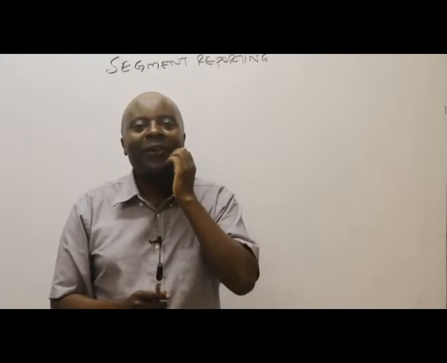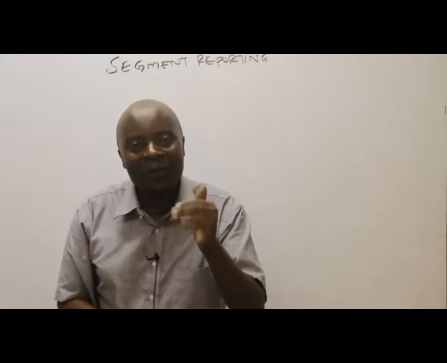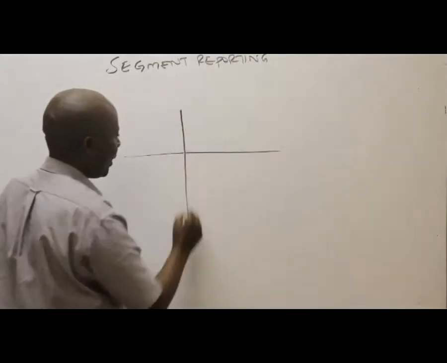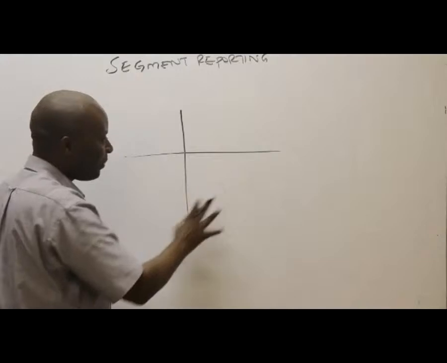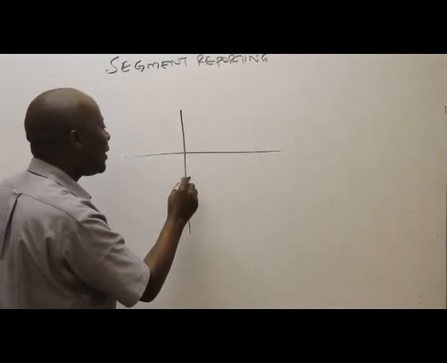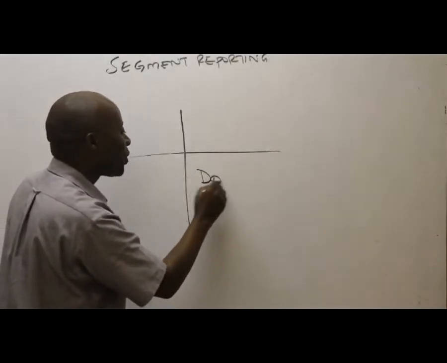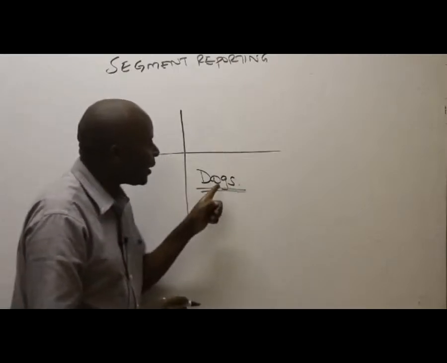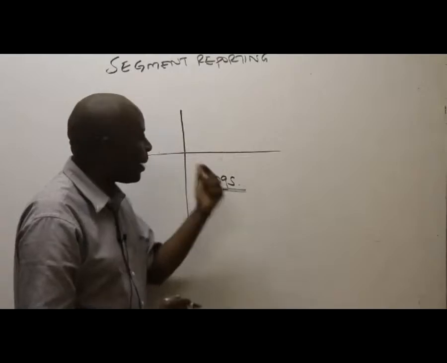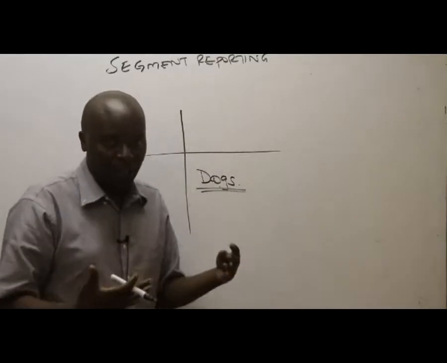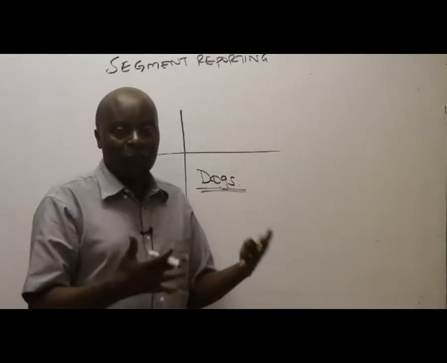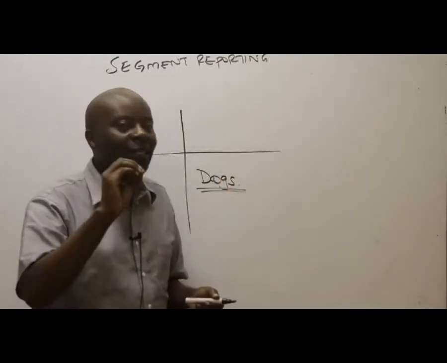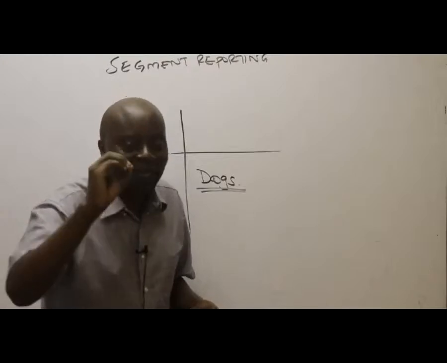Ladies and gentlemen, also when we are talking of segmental reporting, remember product segmentation. There are those products that we call dogs. Segments that we call dogs. So we have that segment that we are really trying to market as much as we can. We are putting in a lot of effort in this kind of a segment, and then we realize that it's not picking up very well.